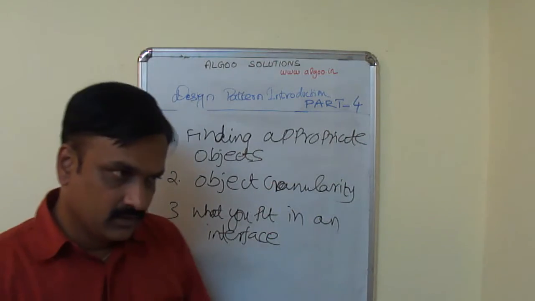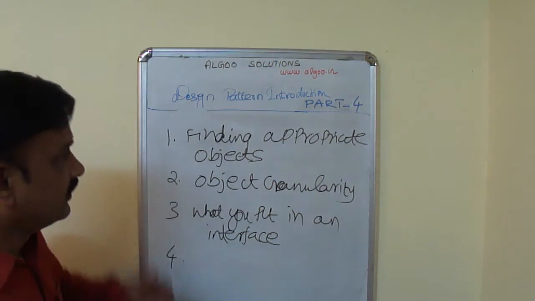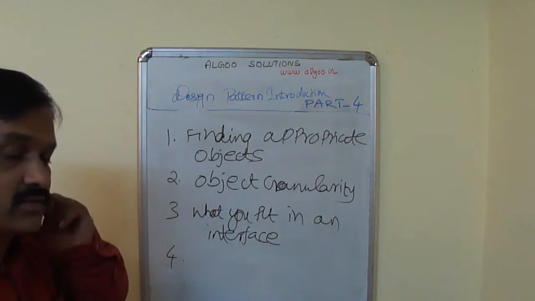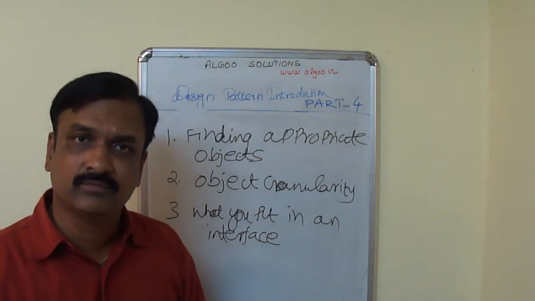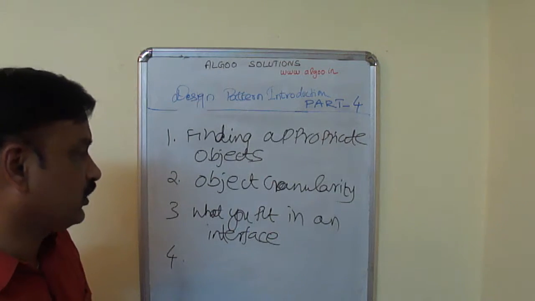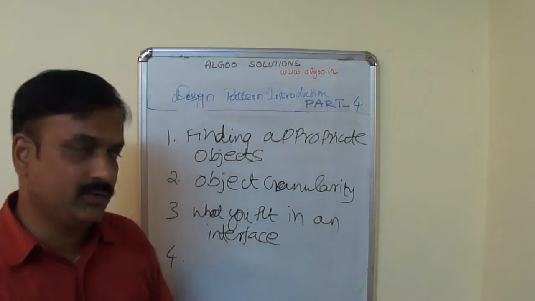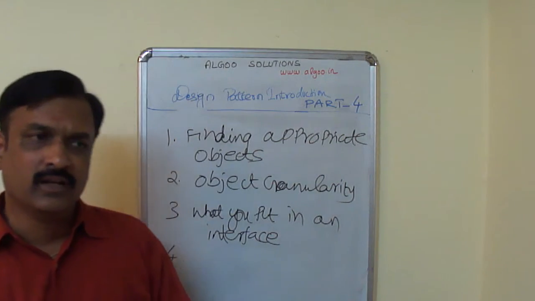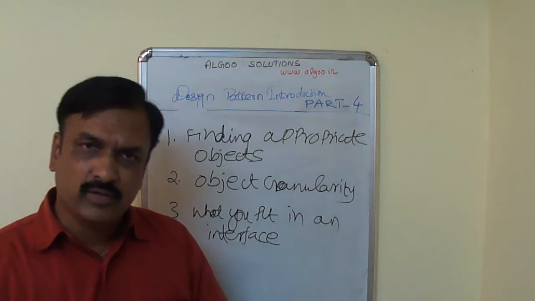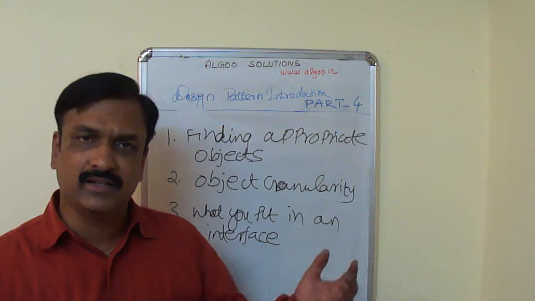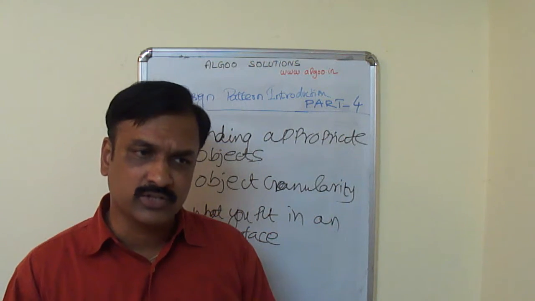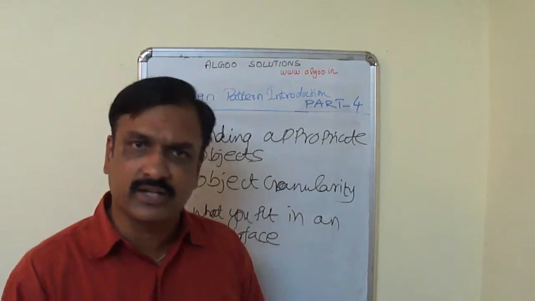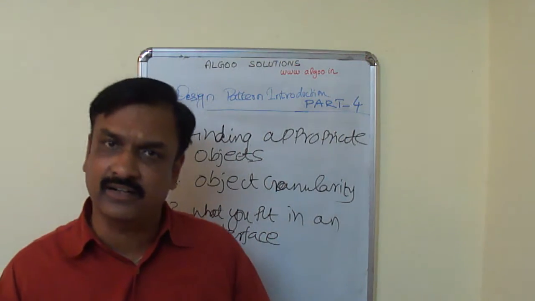Okay. Now you could understand how to decompose a system into classes and objects. You could understand the object granularity. You could understand what you put on an interface if you understood design patterns, or you could get an idea of that. And one of the most important things once you have built a system using the structure and the objects is how do the different classes and objects communicate with each other at runtime.